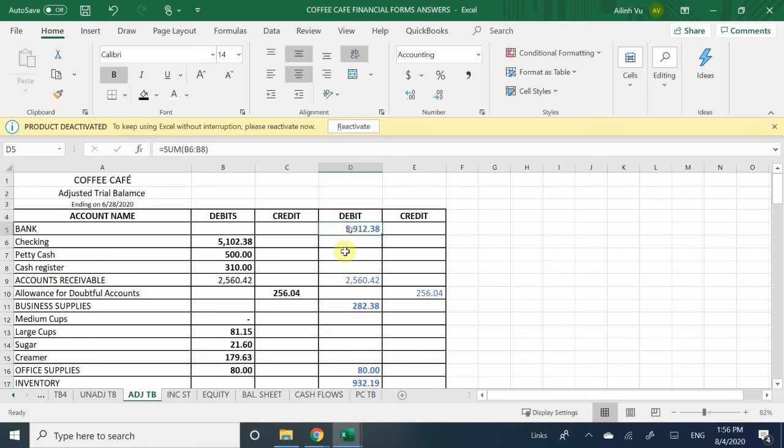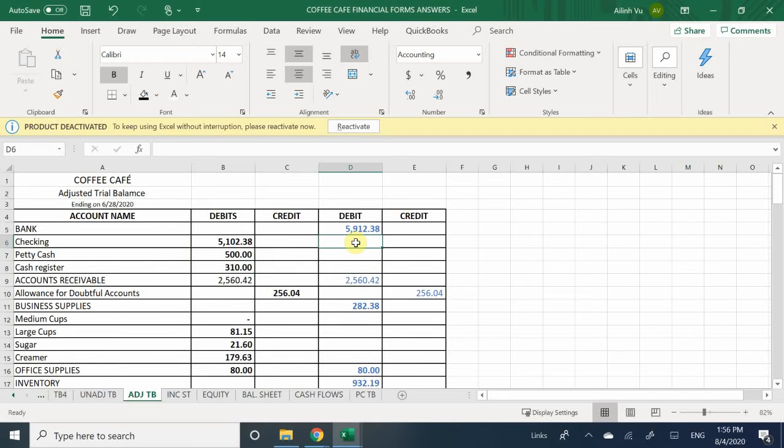So, for example, my bank is a total of 5,912 because I added up all three: my bank, my petty cash, and my cash register. So basically, the ones in blue are summed up main accounts.